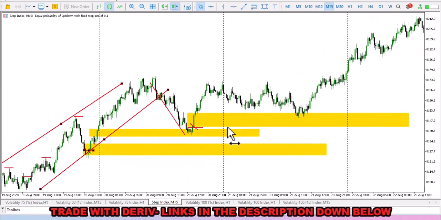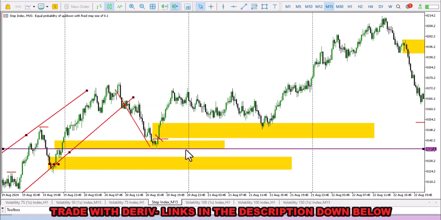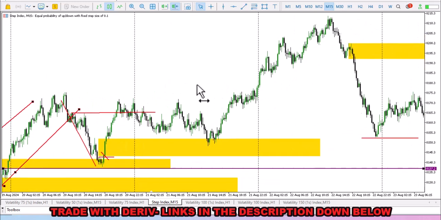Then we get our entry as soon as the candle closes, and we are going to put our stop loss just below the structure, as you can see, and you are going to be targeting what? We're going to be targeting the next high, as you can see. So it's either you target this high or you target the next minor high, which is this one, which is what I would target.